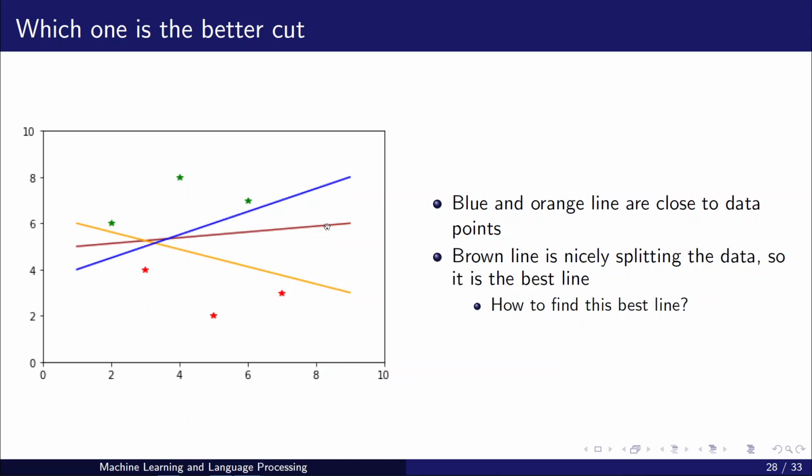So this is splitting the data nicely, so that when a new data point comes, it will be correctly classified. If you take this blue line, and a new data point comes somewhere here, it will be classified as negative in the case of the blue line, whereas it will be classified as positive in the case of the brown line and orange line. So the best option is this brown line, isn't it?